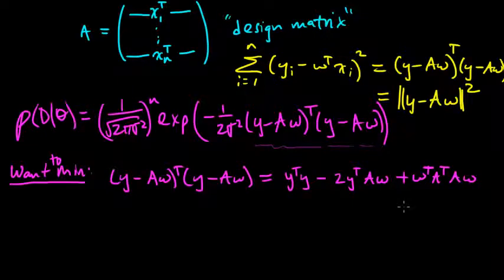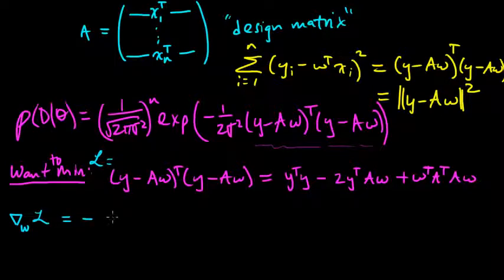Okay, that's good. Now, to minimize this, we are going to take the gradient with respect to W, to be precise, of this. Let's give it a name and call it L. The derivative of the first term with respect to W is always 0.